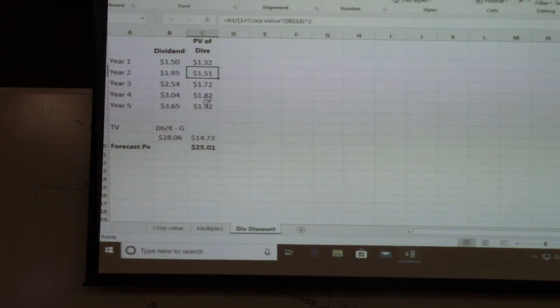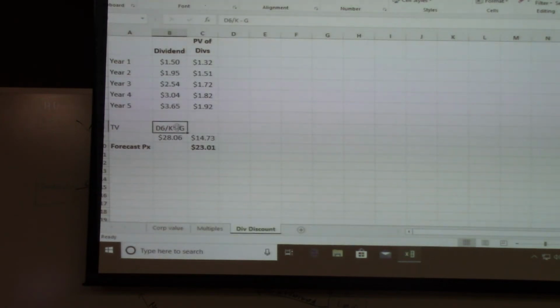Okay. All right, now we have to find our terminal value. And Joe tells us to assume that the company will grow the dividend at 6% at a constant growth after year 5. Okay, so we have to find D6, and D6 equals D5, which is $3.65, times 1 plus G6, which is 6%.